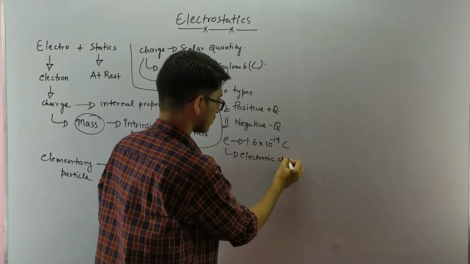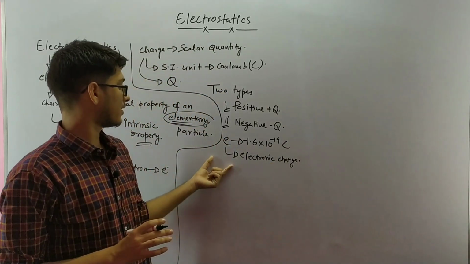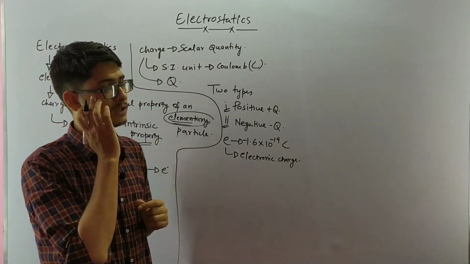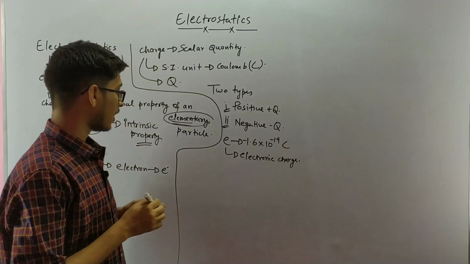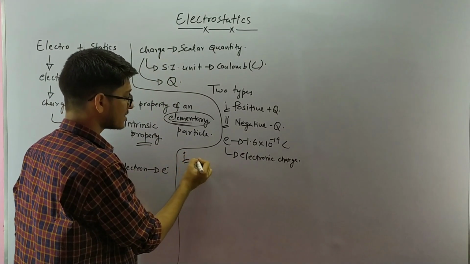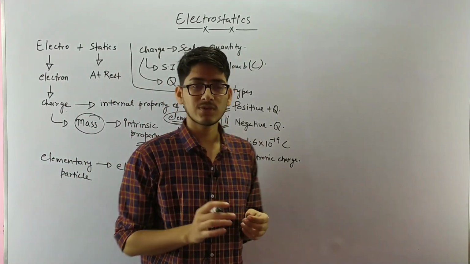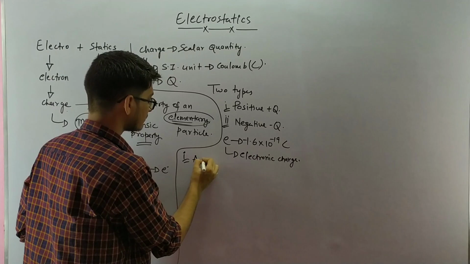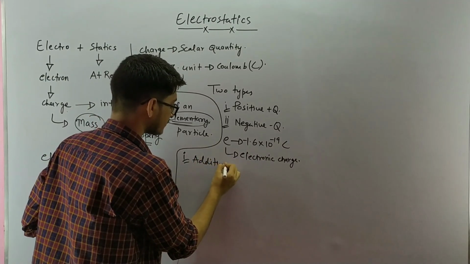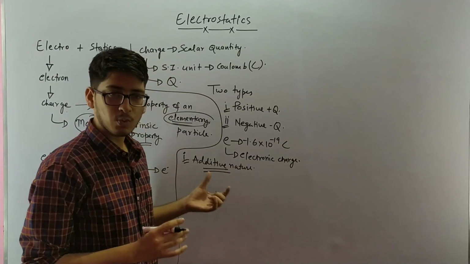So basically we have covered most of the things related to the topic electrostatics. Now we will consider two important properties of charge. The first one is the additive nature of charge. Charge has additive nature. Now what does this mean?